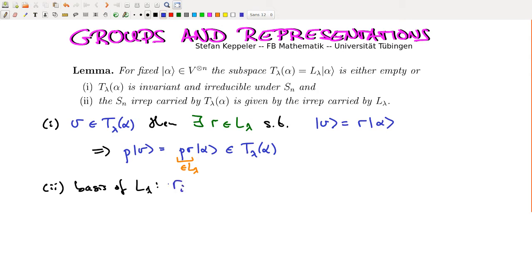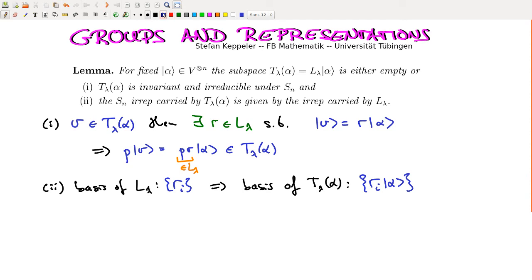Let's call the basis vectors Ri. And from this we get a basis of our T lambda alpha. We're just applying the basis vectors to alpha. So Ri alpha. That's the basis for T lambda alpha.